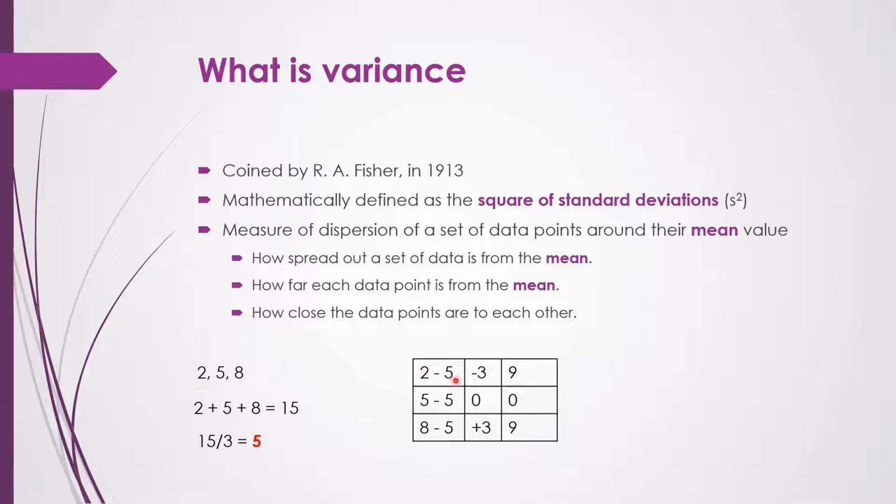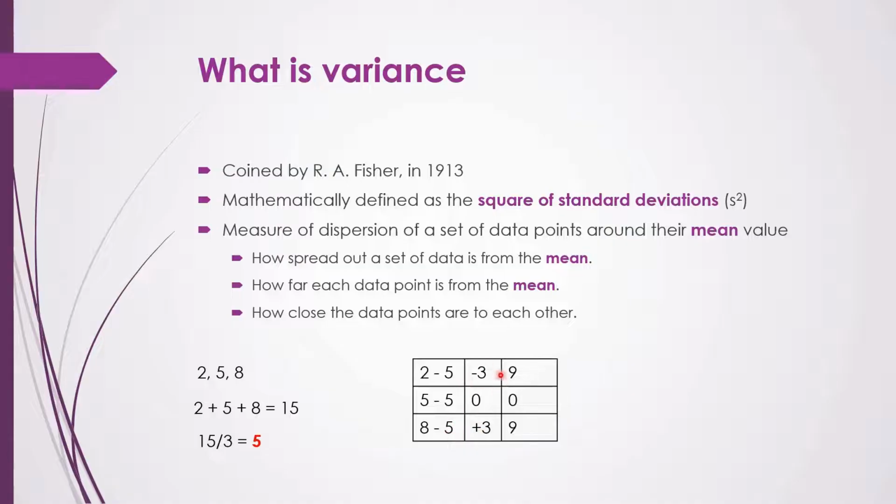So 2 minus 5 is minus 3, 5 minus 5 is 0, 8 minus 5 is plus 3. This means the data point 2 is 3 less than the mean 5. The data point 5 is exactly at the mean. And the data point 8 is 3 more than the value of the mean, which is 5.